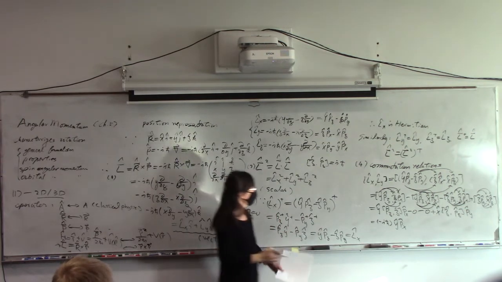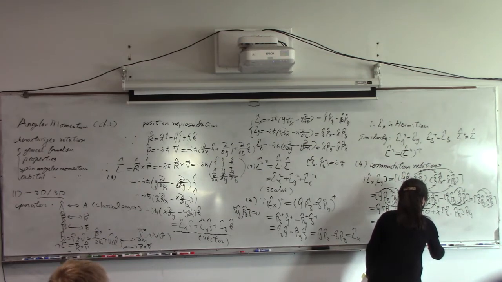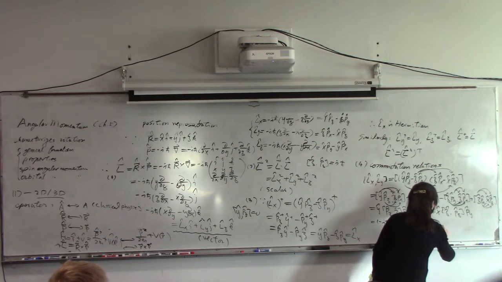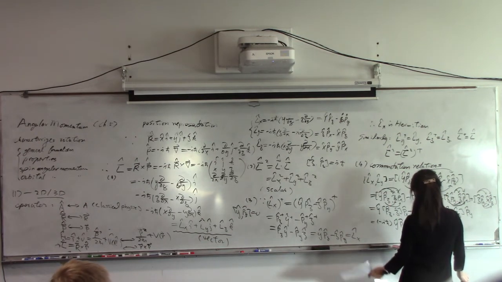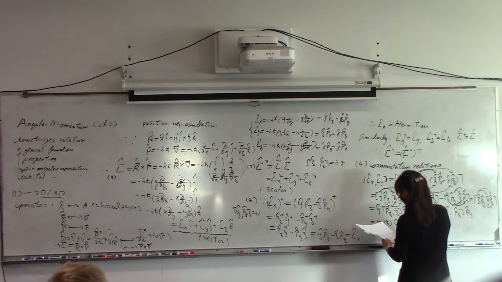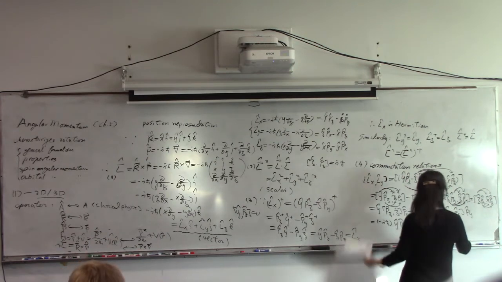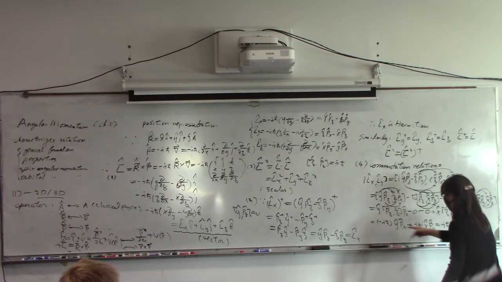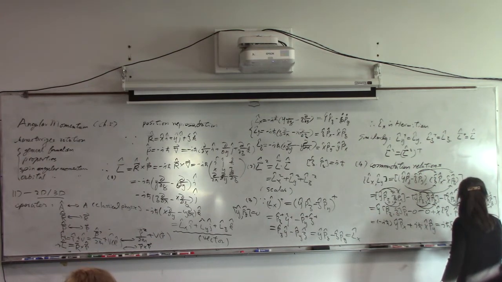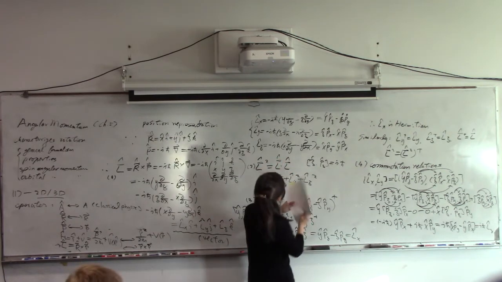So just the opposite, change the order. Then this one is i h bar x py. Now I take i h bar outside. Inside is x py minus y px, right? That is Lz.